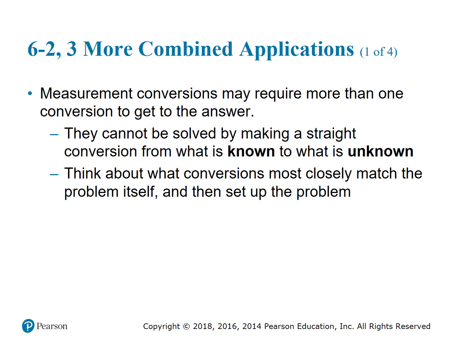So if we're unable to perform a straight conversion, then a path has to be developed so that we can establish how to get to the answer. So I want to think about what conversions most closely match the problem itself, and then that's going to help us set up the problem. So let's look at an example.